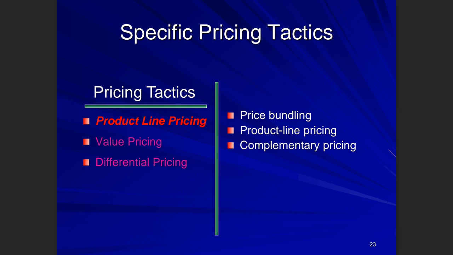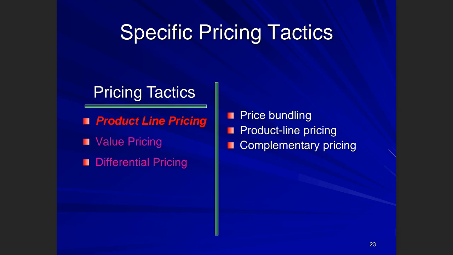Each one of those products had a different price point depending on the features or attributes of each, largely based on memory capacity and a bunch of other things, right? So they would have these price points built into that product line.